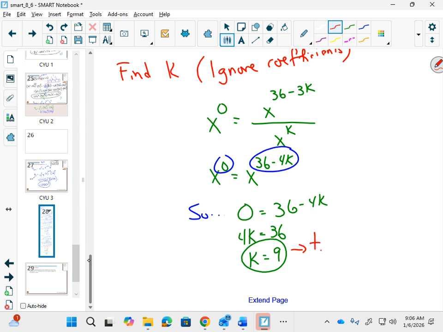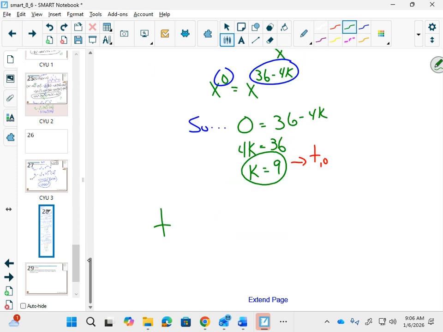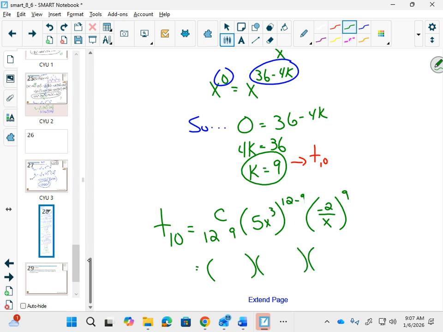This means we have to find term 10. Now we can work through 12 choose 9, 5x cubed to the 12 minus 9, and negative 2 over x to the 9. 12 choose 9 is 220. 5 cubed is 125. x cubed cubed would be x to the 9.